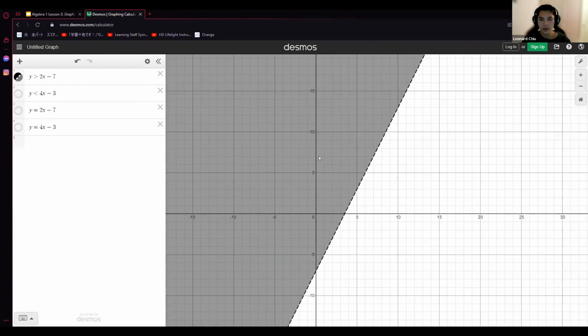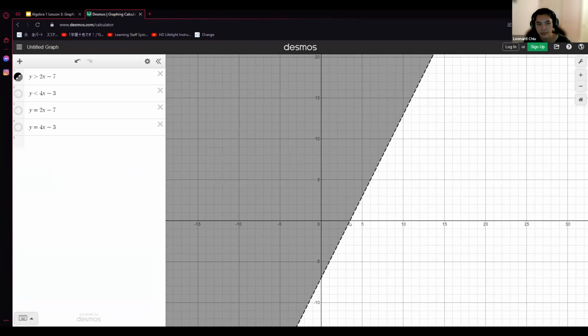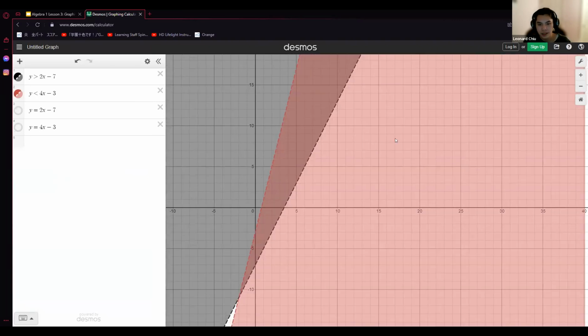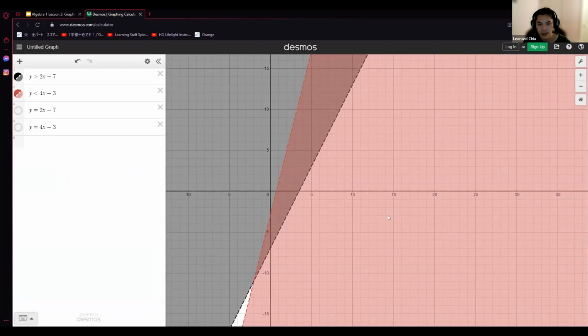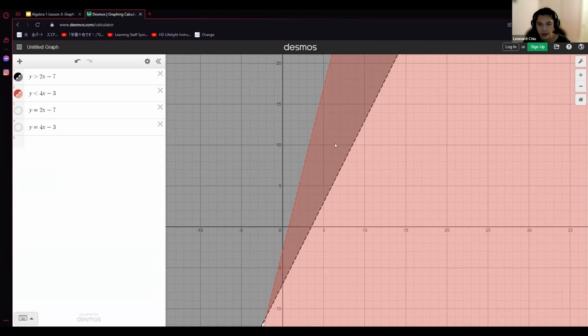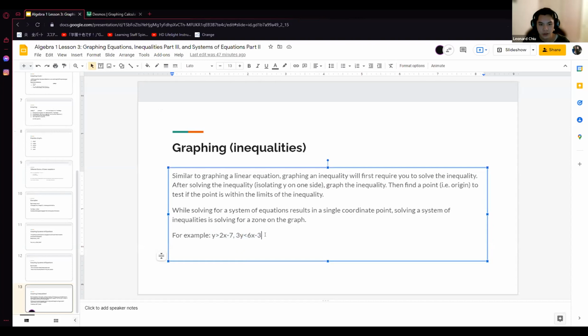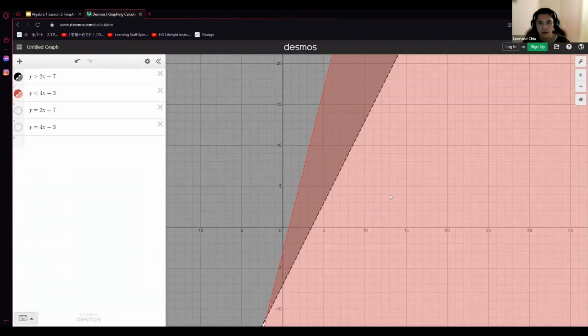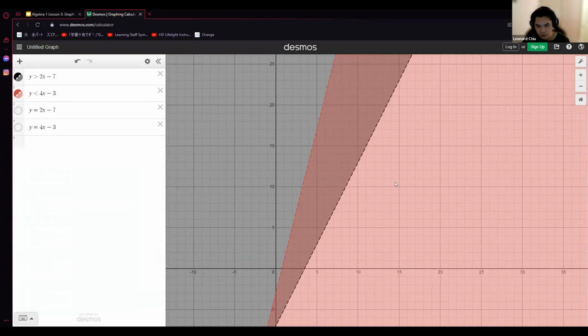So first one, we know that this side is the correct side, right? And boom, this side is the correct side. And then we're going to see an overlap right here. That overlap is the answer to this question, graphing these inequalities. That answer is this section right here.